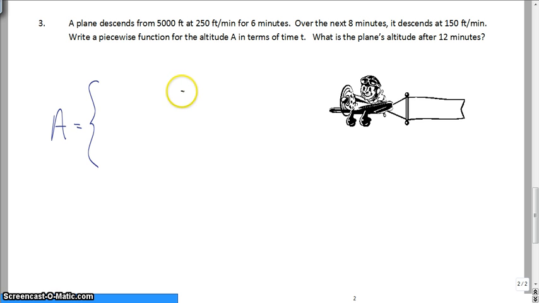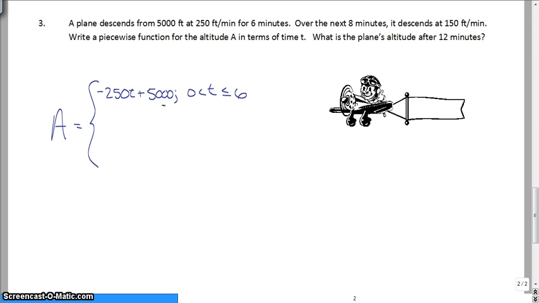The first part says for 6 minutes, so the first part of this is going to be 0 is less than t, which is less than or equal to 6 minutes. So what is this equation? How can we represent that? We're going down at 250 feet per minute, so 250t plus the original altitude of 5,000.